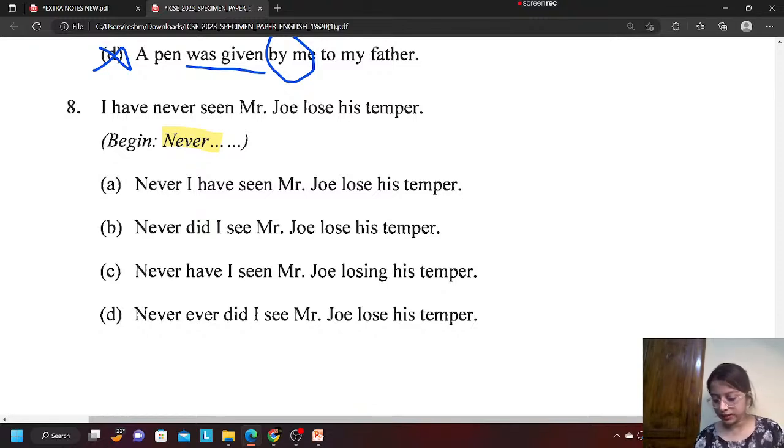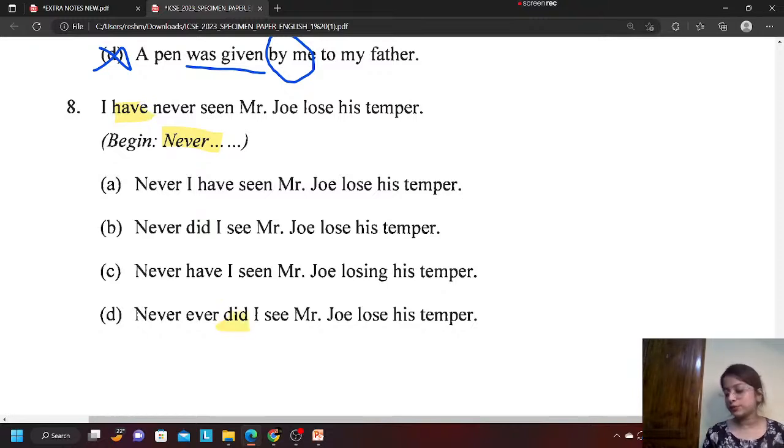So last one, everybody is writing option number. Achha, Yash has written option number D. D, never ever did I see. Not required. See, have is given no as a helping verb. So why will I change it to did?